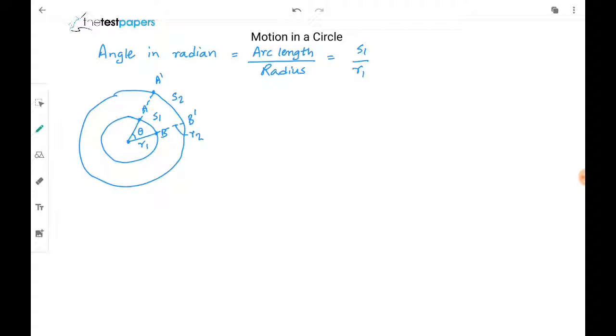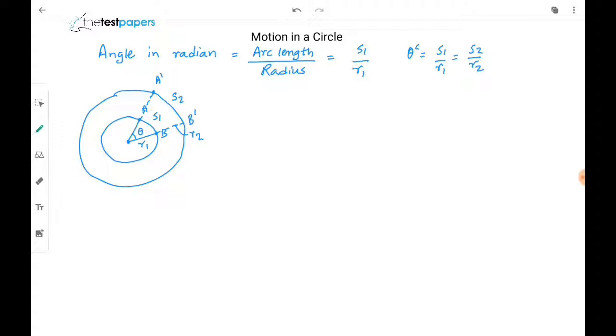But note that theta is the same, so angle theta in radians now is equal to S1 by R1, and that's the same as S2 by R2. So you can keep increasing the radius so that you get different arc lengths. However, theta in radians is going to remain the same.